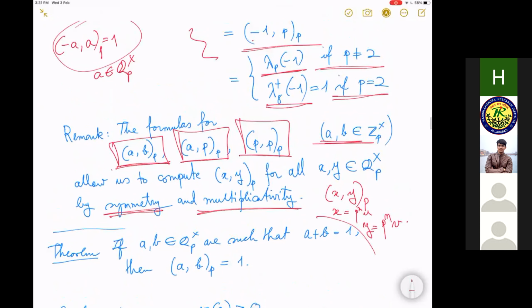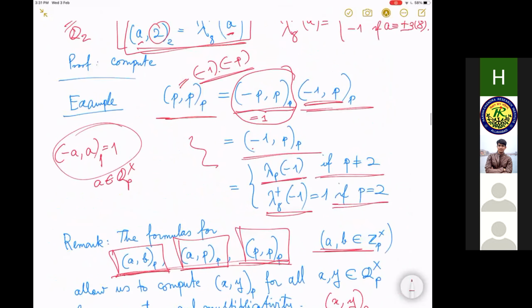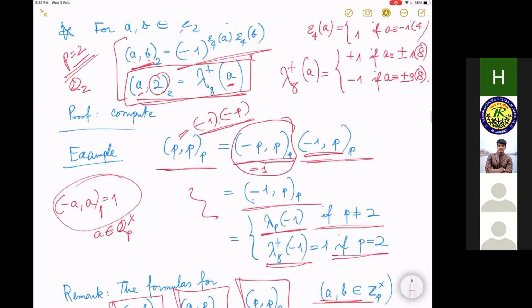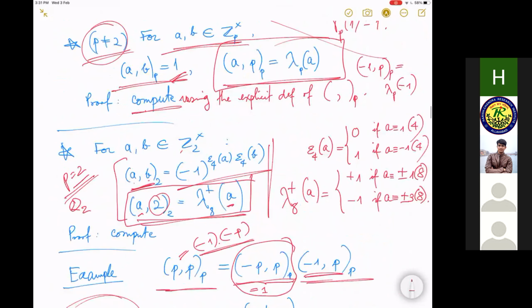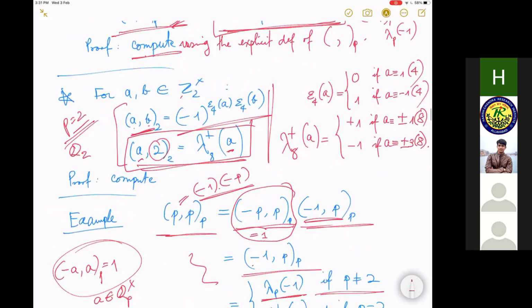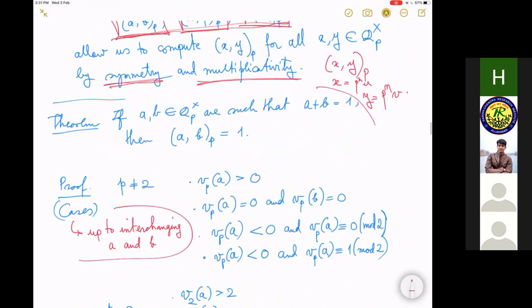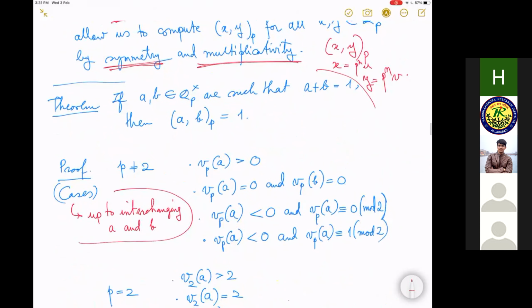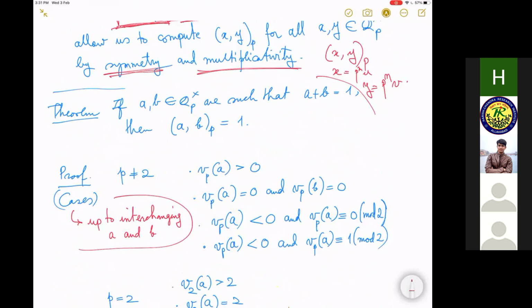For these three cases, it's given by relatively simple formulae like this, right? It's complicated for P equal to 2, but for P odd, it's really simple. It's just this formula. It basically amounts to the Legendre symbol. So, as I said, there are two ways of understanding this Hilbert symbol.